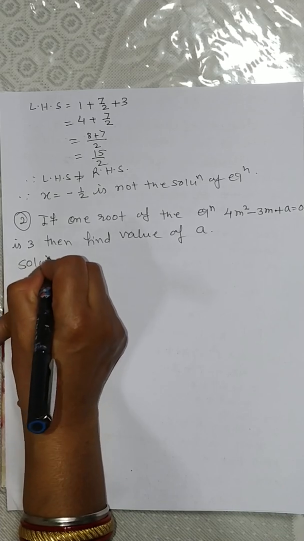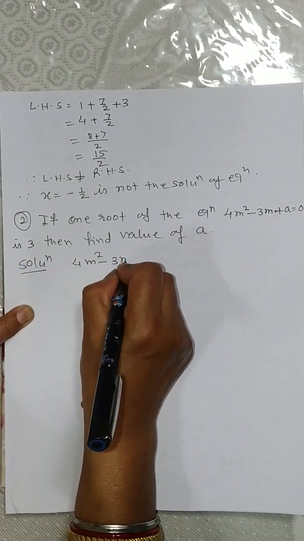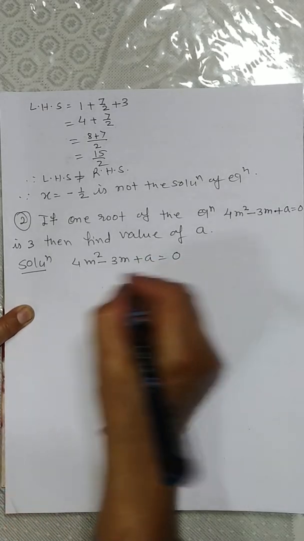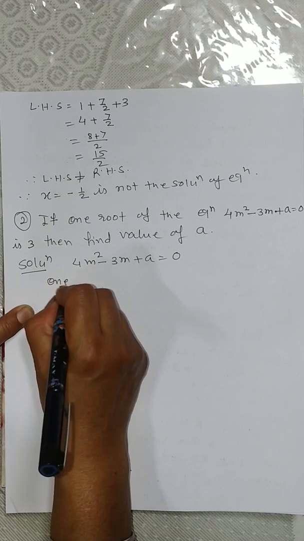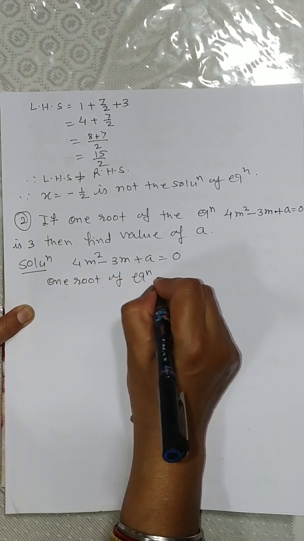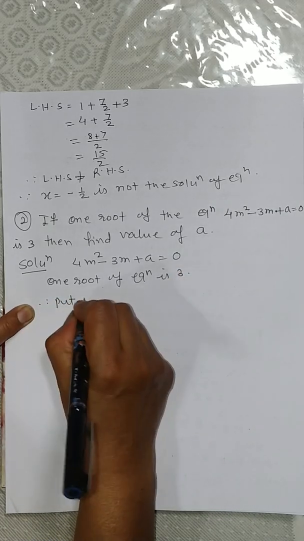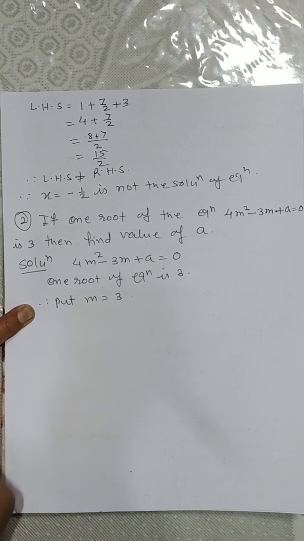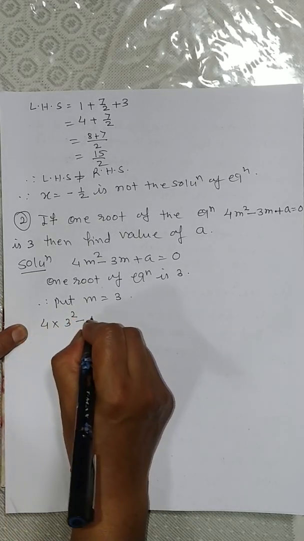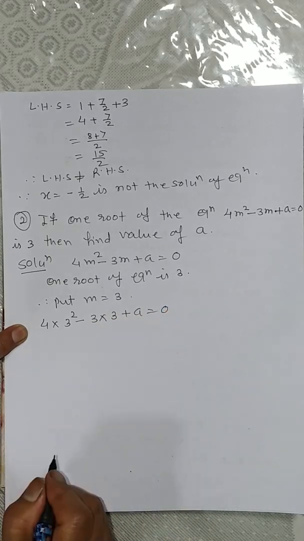Now here we have to solve it. First we write down the given equation, 4m square minus 3m plus a equal to 0. Now one root of the equation is 3 and therefore we have to put m is equal to 3. So 4 into 3 square minus 3 into 3 plus a equal to 0.